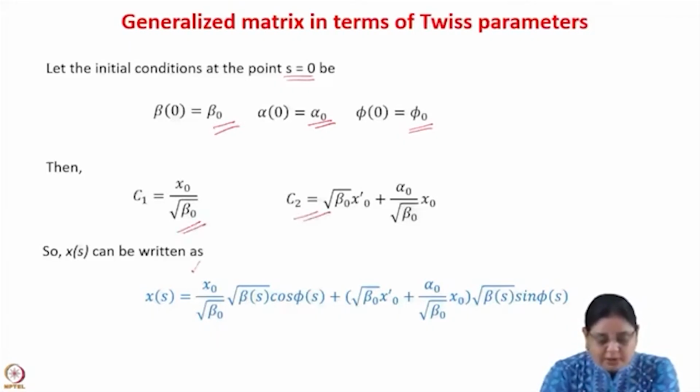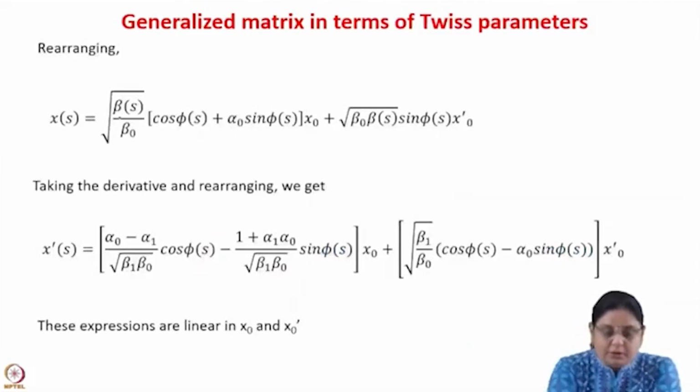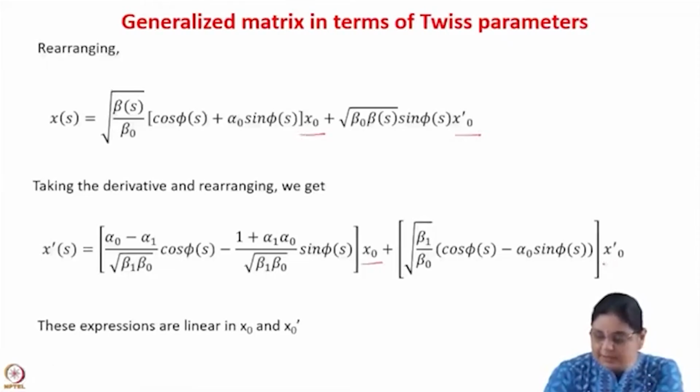So the solution can be simply written by putting in the values of C1 and C2. So the solution is simply this. Now you can rearrange this and again you can take the derivative. And we see that these expressions are linear in x0 and x0 prime.